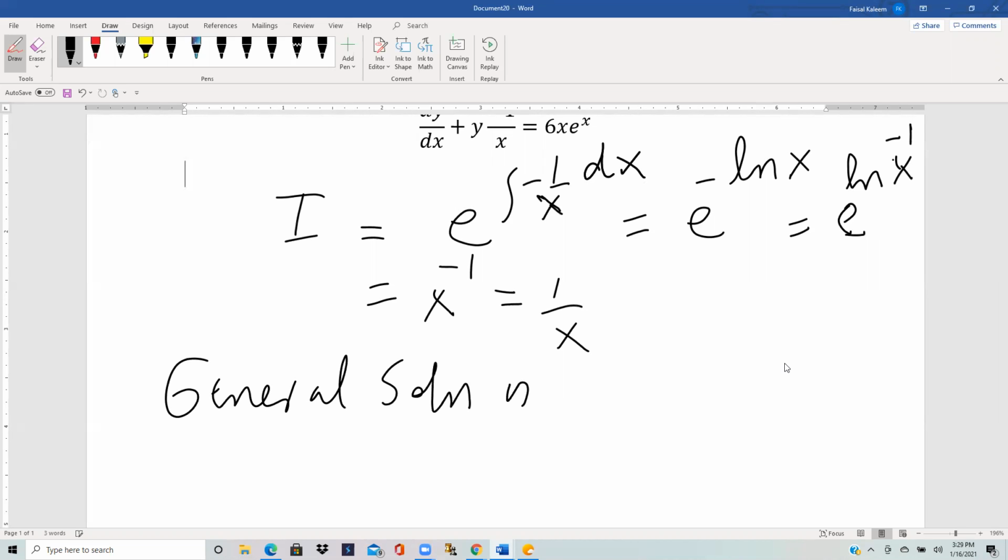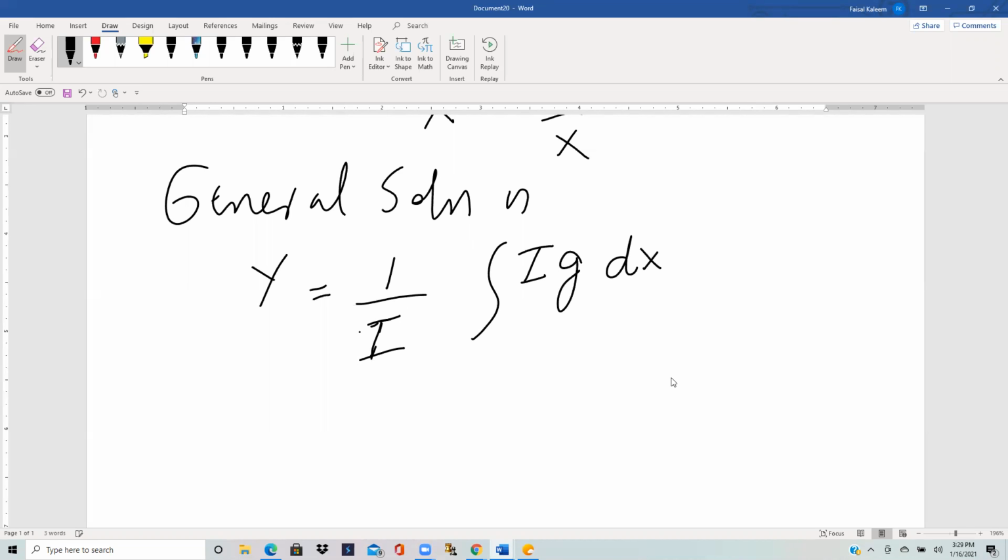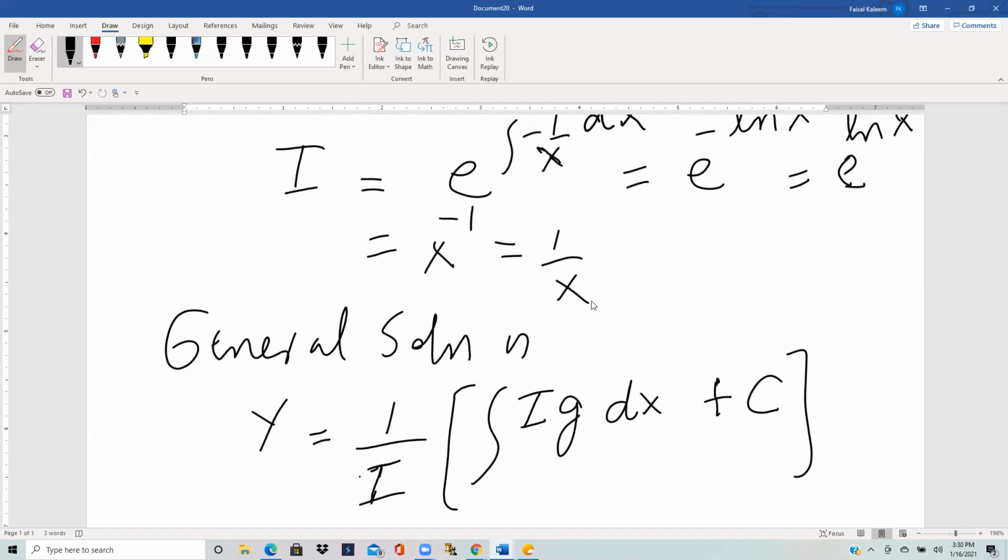The general solution is the one that has a constant in it. So we know that y is equal to 1 over I, integral of I times g, where g is the function on the right hand side, plus c. So 1 over I means 1 over x.